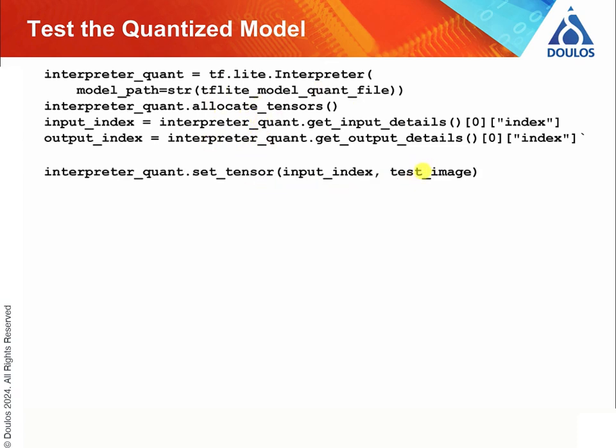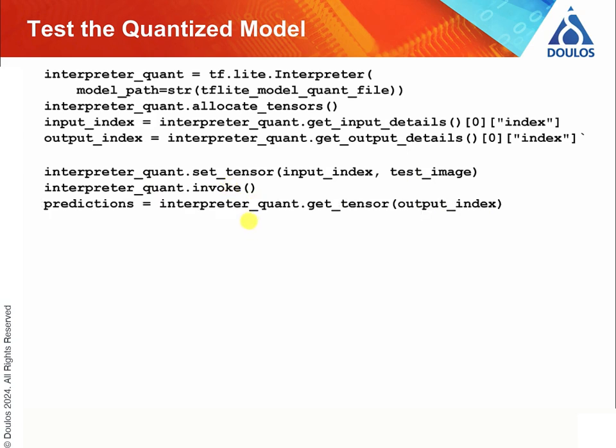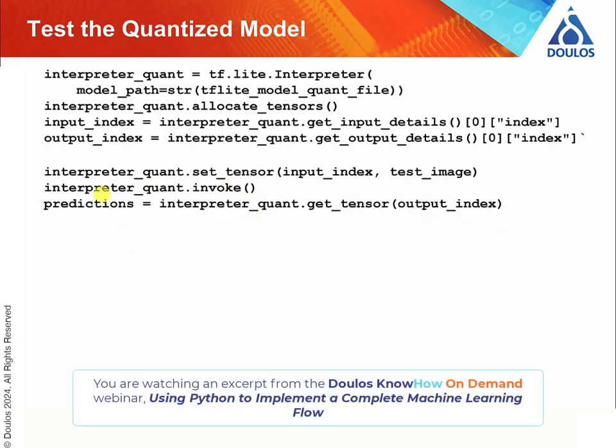Then we set up a test image as input data by setting the test image, the input data, in the appropriate location. We actually run inference with a one-liner, interpreter invoke, which sends the test image into the neural network. And then we extract the result. We get out the prediction from our final quantized deployed neural network.